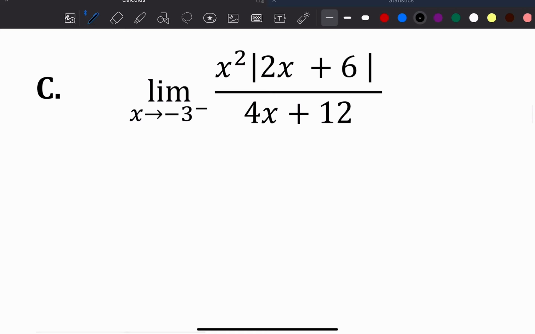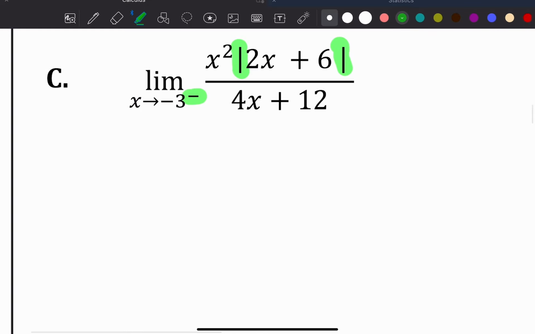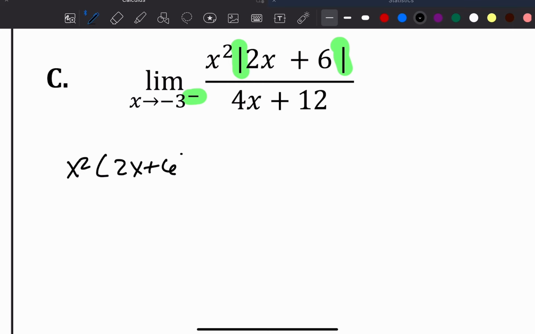Okay, now we're on to C. Notice in C, not only does our limit have a direction now, we also notice we have the absolute value function. If you recall, the answer to an absolute value function is always going to be one positive value and one negative value. So I'm going to split this up into two equations. So I have x squared times 2x plus 6 over 4x plus 12.